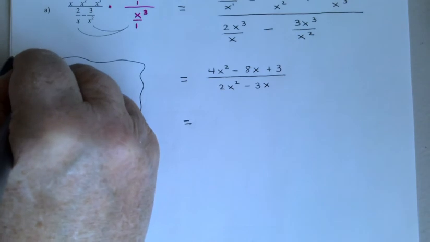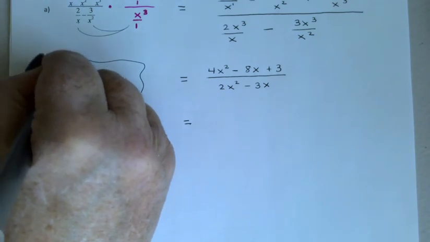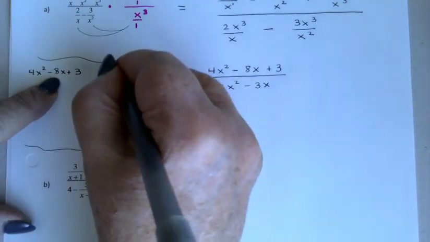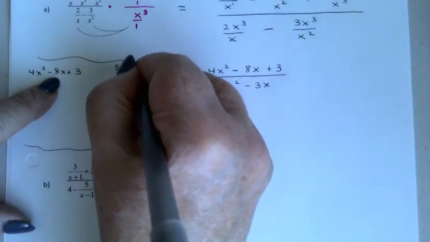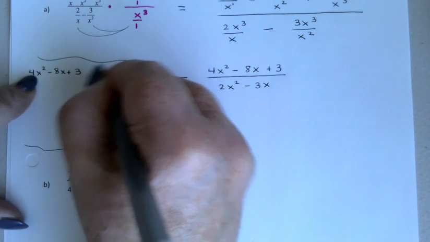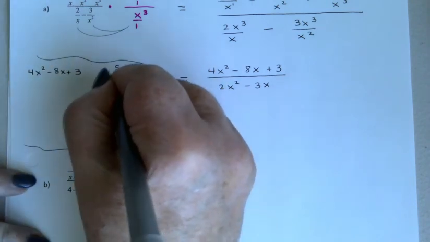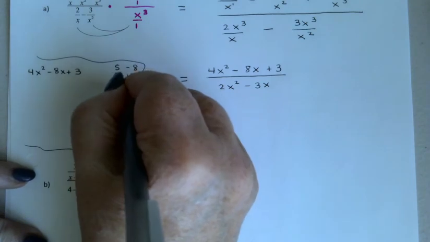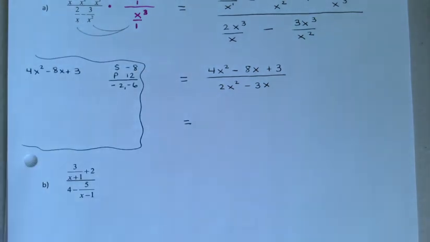That 4x squared minus 8x plus 3, trinomial, so I'm looking for sum and product. Sum negative 8, product 12. So negative 2 and negative 6 would do that.